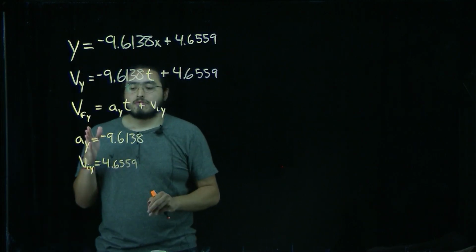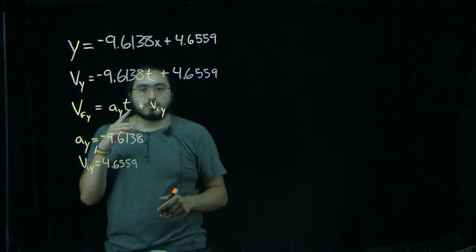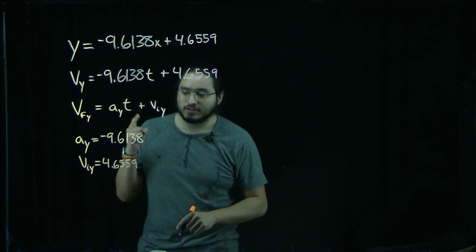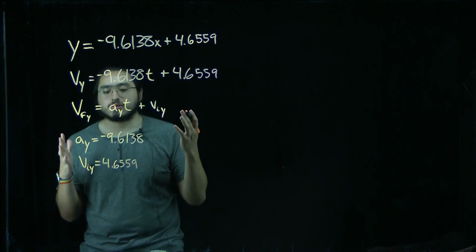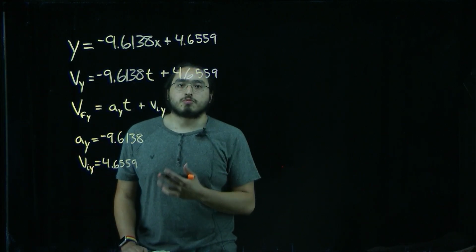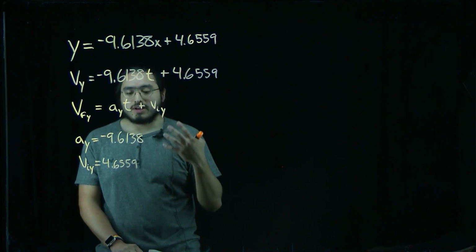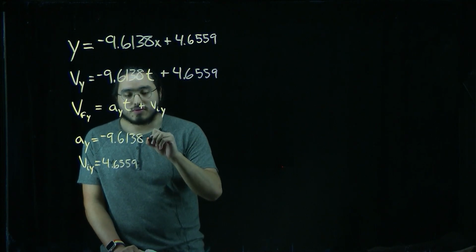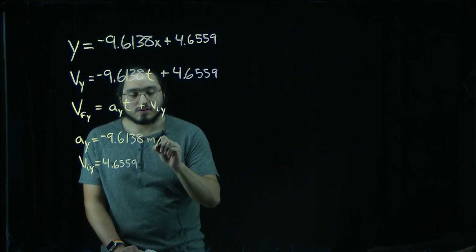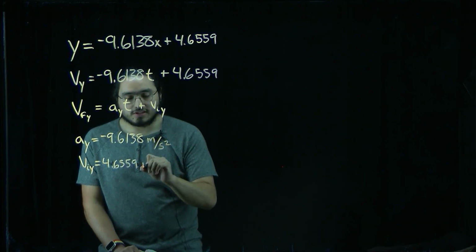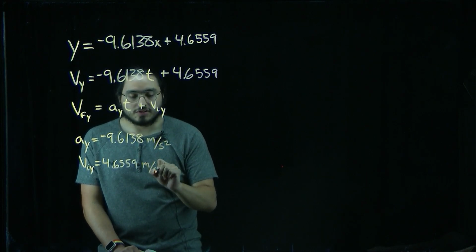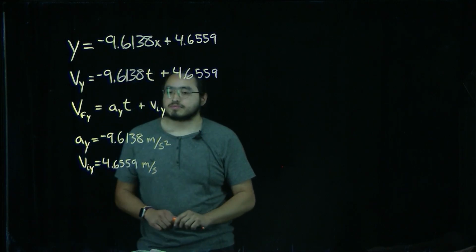So we have our values down, and one thing that's very important is you never forget units, because otherwise these represent nothing and they're just numbers. In our experiment, we have meters and seconds, so for our acceleration, we should have meters per second squared, and for our velocity, we should have meters per second.